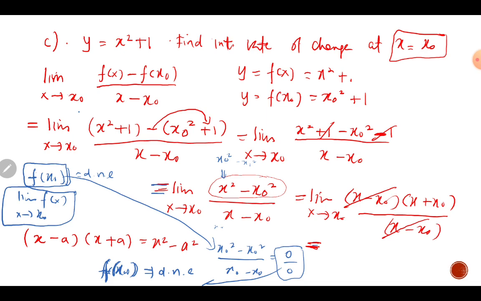Kan? Dan dah tak ada dah lah isu kosong over kosong ni. So when you ganti x with x naught, your final answer is 2 times x naught. Okay, so we're done with question 1C.